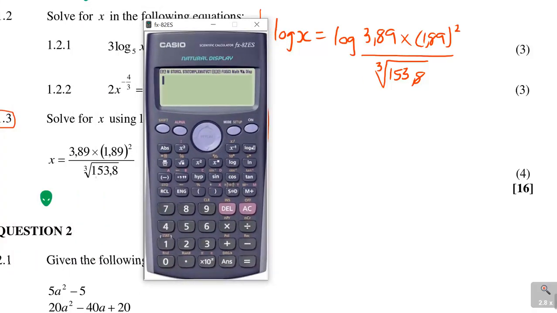Now they said I must use laws of logs, but I can actually find this quickly with the calculator and work towards that answer. So I'm given 3,89 times 1,89 squared, and all over, shift cube root of 153,8, and let's see what this gives me.